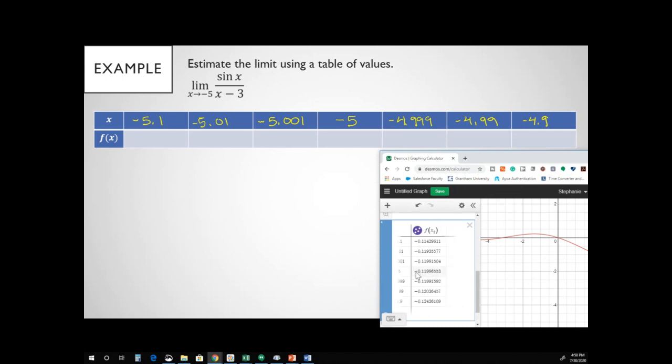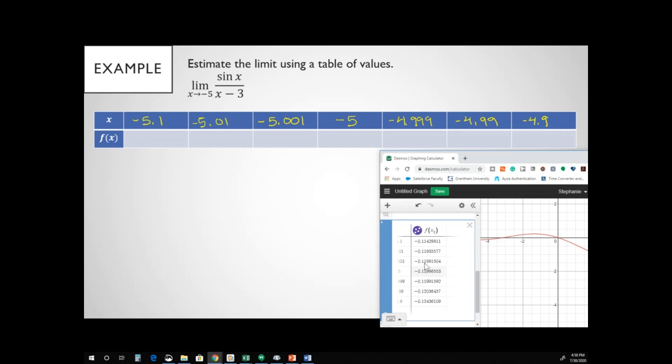So you could say your approximate limit is negative 0.119865553. Or if you want, you can round these to 2 decimal places, it would be negative 0.12.